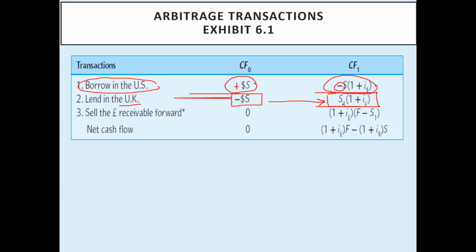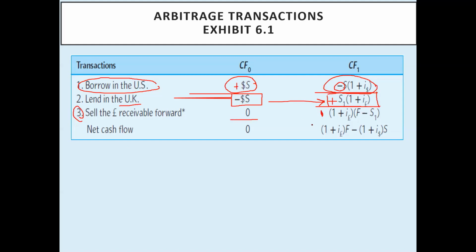And therefore, in this case, I expect to receive a positive cash flow, okay? Finally, I'm going to sell the UK proceeds forward so that I can lock in a US return as of today, okay? So this is the payoff from my forward contract.